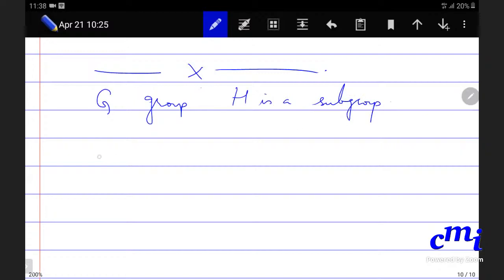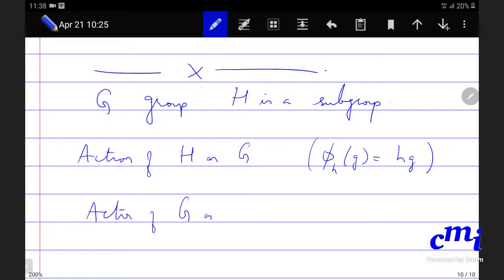And so from what I understood, you were asking whether the action of H on G, where phi H of G equals HG, and action of G on G mod H, let me call it psi G of some AH is equal to GA. Okay. Yeah. So you are asking whether these are the same. Did I understand your question?